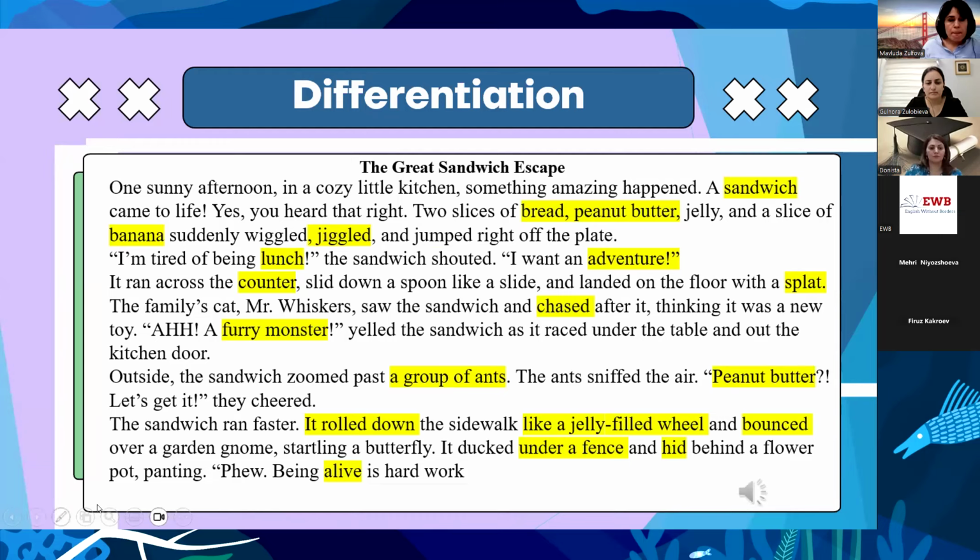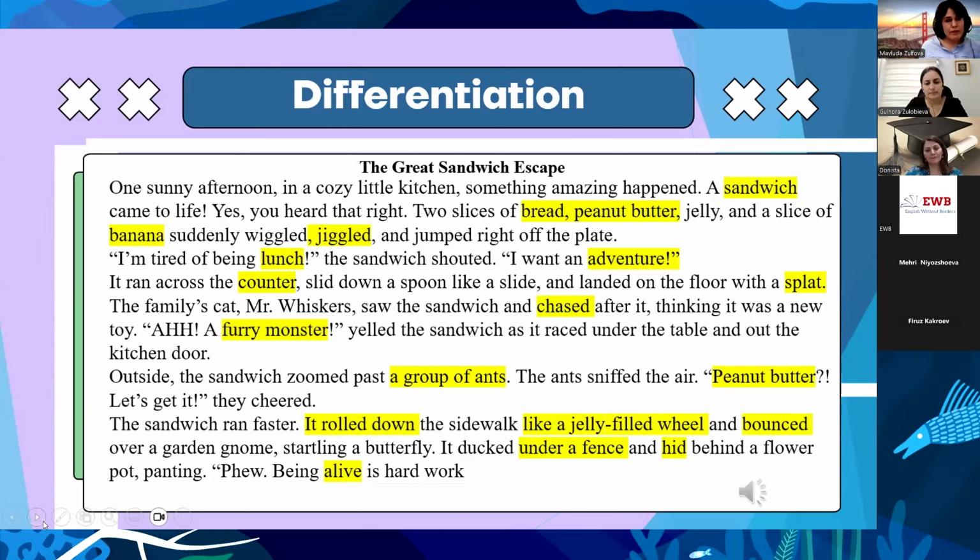For example, if you have a student who has poor vision, in our school we have cases when students come and they have poor vision. We usually try to make a separate copy for that student, and we enlarge the text, for example the font size, so that the student can feel comfortable to read.